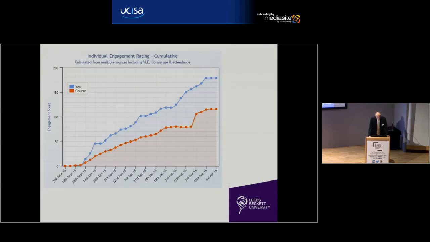And the first slide example here is really of a student who has engaged extremely well with their studies and has actually exceeded the sort of course average, potentially a good role model student within that particular cohort.